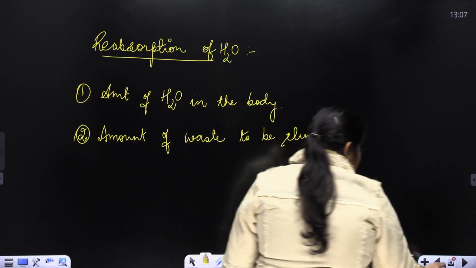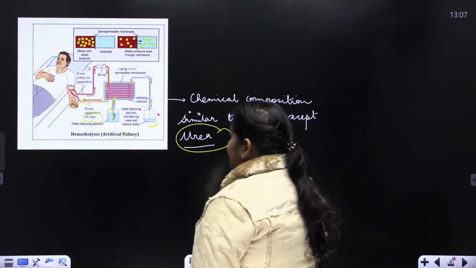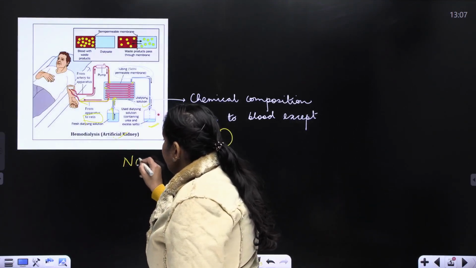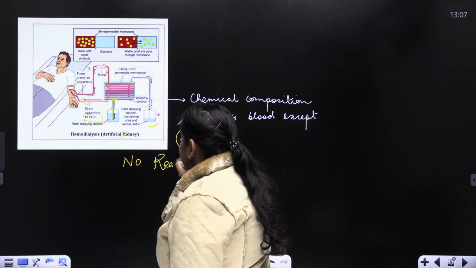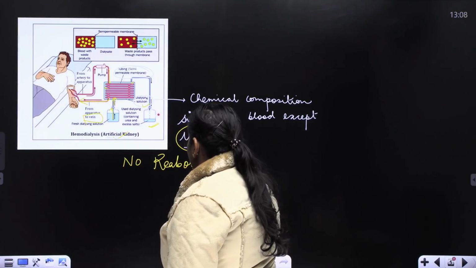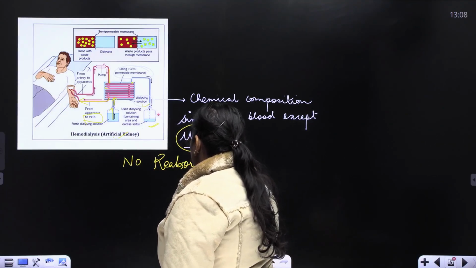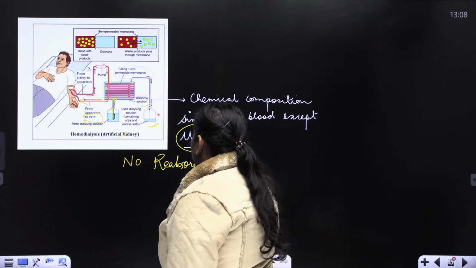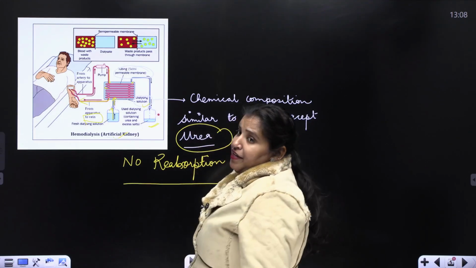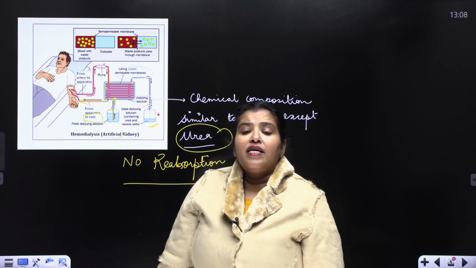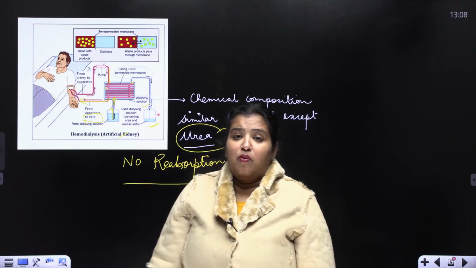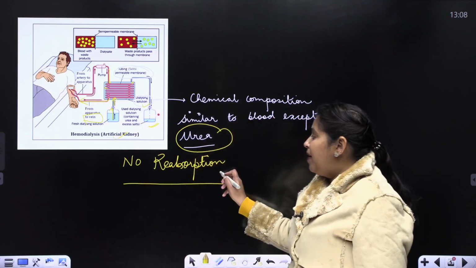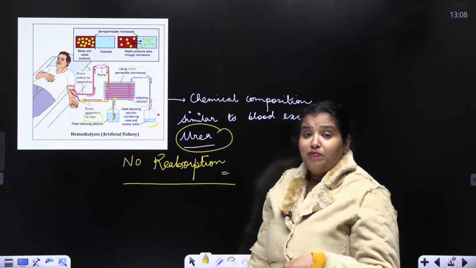So in this procedure of hemodialysis, no reabsorption takes place. This is the difference between a natural kidney and an artificial kidney. A natural kidney, besides removing the waste from our body, also helps by reabsorbing the useful substances.